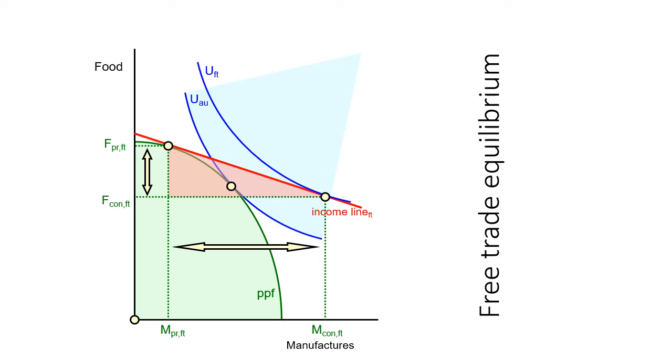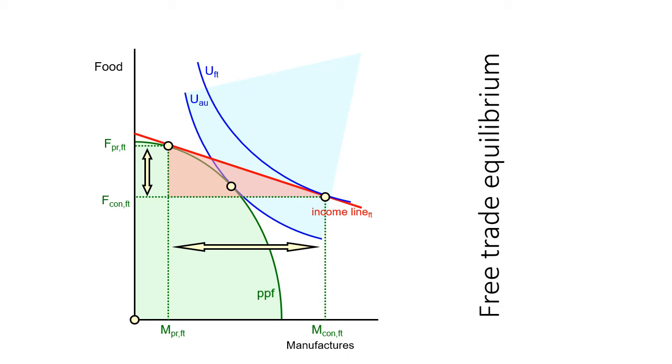So now we did discuss earlier, under free trade, we still need to keep the equilibrium going where the ratio of prices was the same as the marginal rate of transformation, right? So that is on the green curve, on the PPF, the far left top point, right? That's the one represented by FPR FT and MPR FT. Your food and your manufacturing production under free trade.